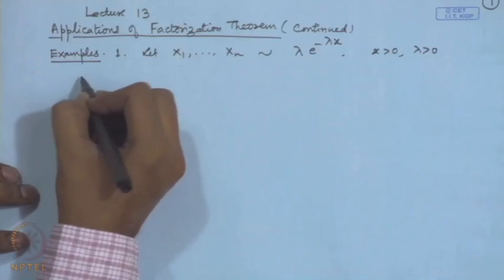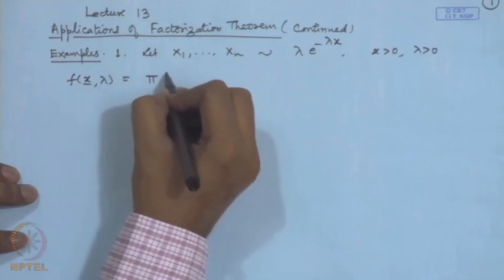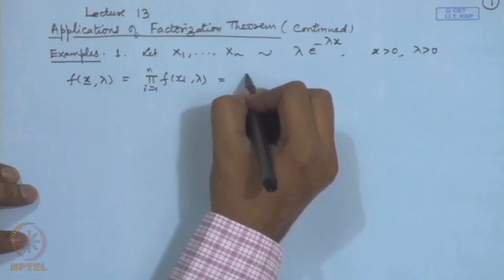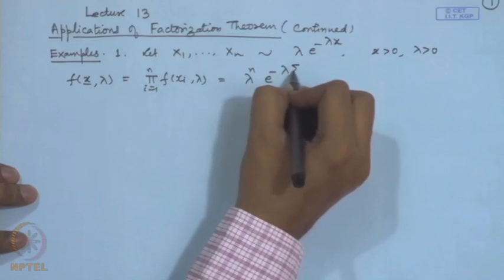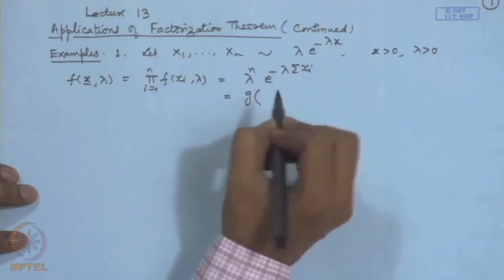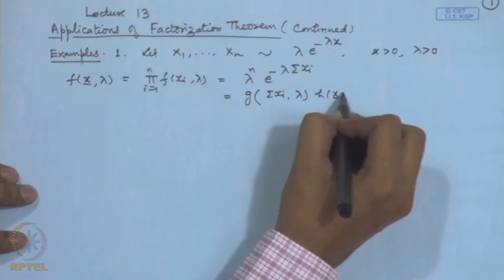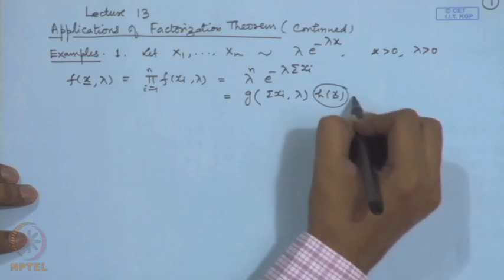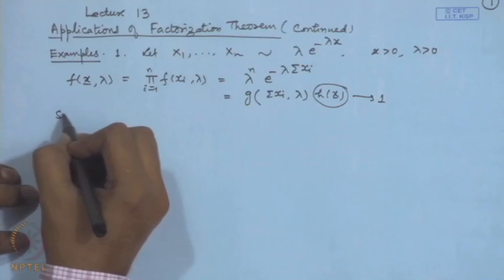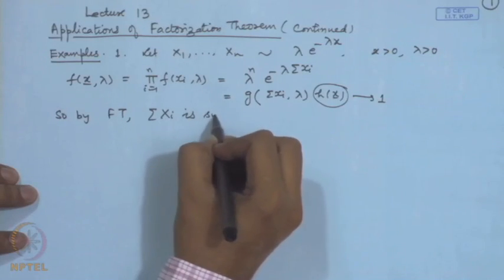In the factorization theorem we need to write down the joint density of X1, ..., Xn, that is equal to lambda to the power n e to the power minus lambda sigma xi. Now, this whole thing we can write as a function of sigma xi and lambda, and h(x), where I am taking h(x) to be 1, the constant. So, you can see by the factorization theorem, sigma xi is sufficient.